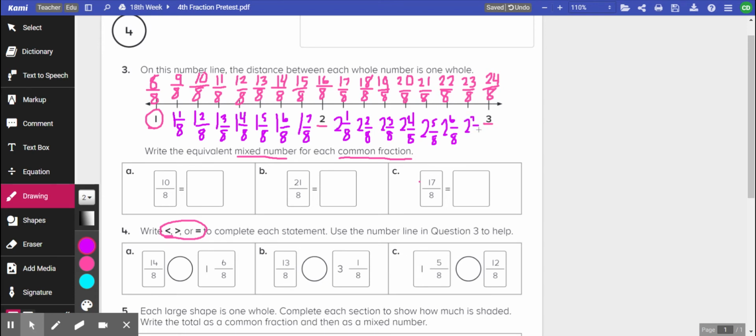And then 2 and 8/8 is the same as 3 wholes. Okay, so that's going to probably take the longest time for your test today.